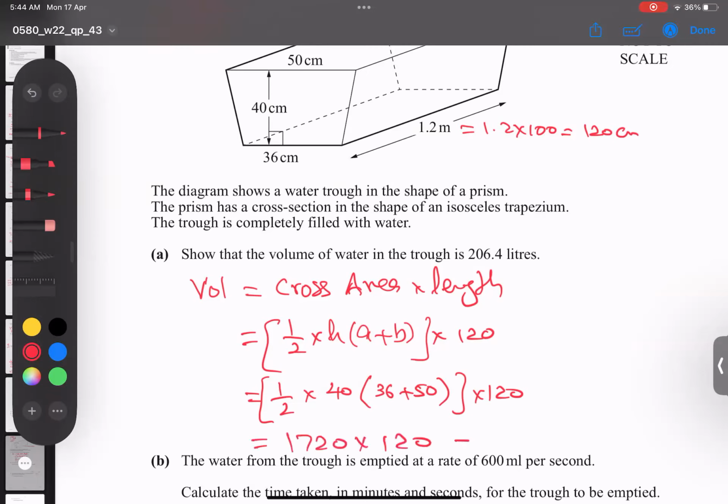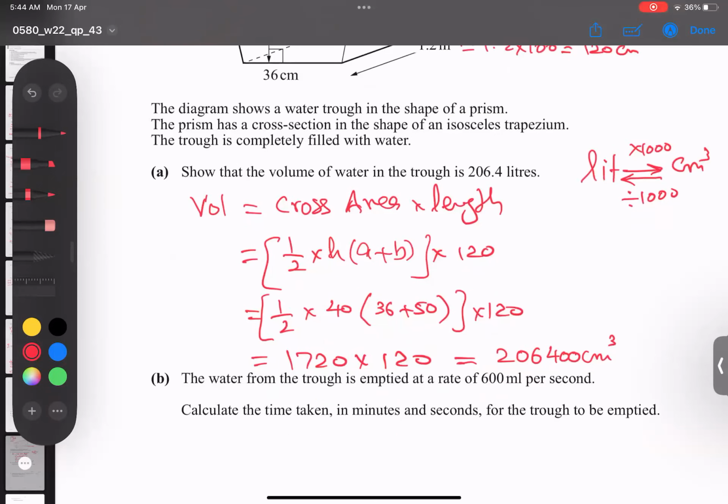We can even write it directly, no issue at all, into 120, and the answer is coming 206400... sorry, 20640 centimeter cube. And whenever we convert centimeter cube to liters, divide by 1000, and in reverse, multiply by 1000.